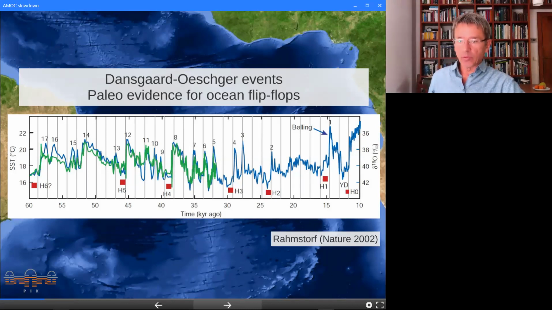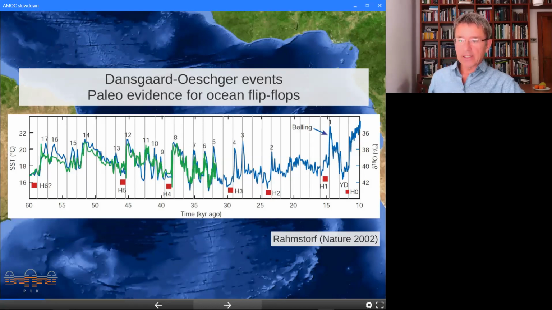When it gets warm in Greenland, it gets cold in Antarctica and vice versa, which is one of many pieces of evidence suggesting that ocean circulation changes are the cause, because the ocean circulation, as I showed earlier, transports a lot of heat along the entire length of the Atlantic from the south to the north.